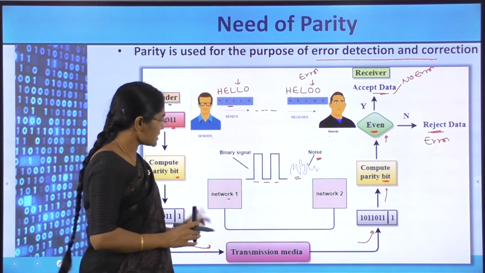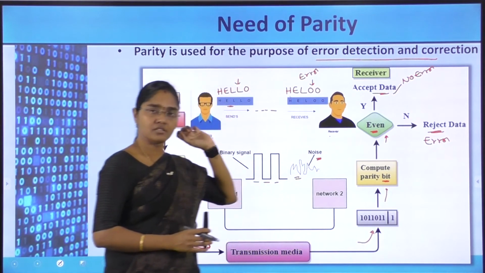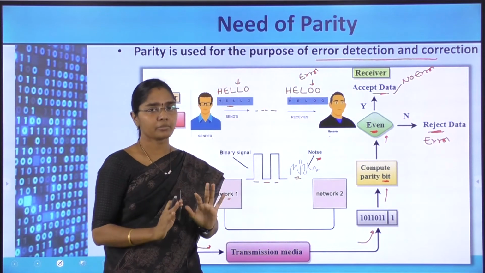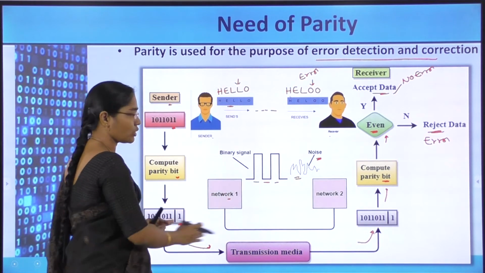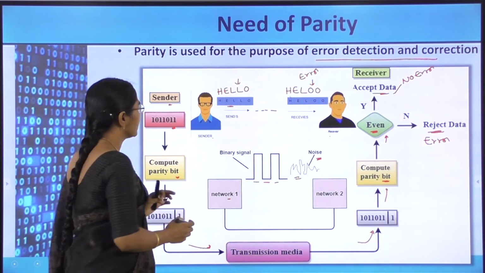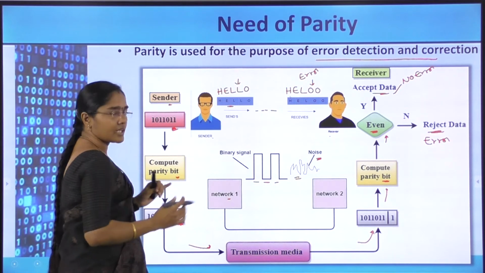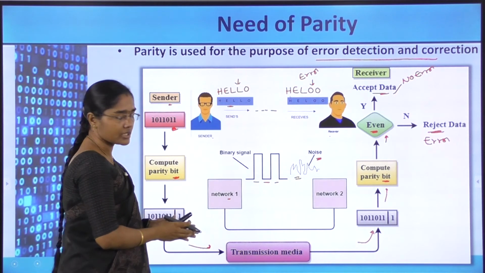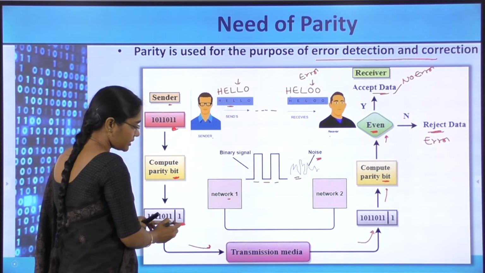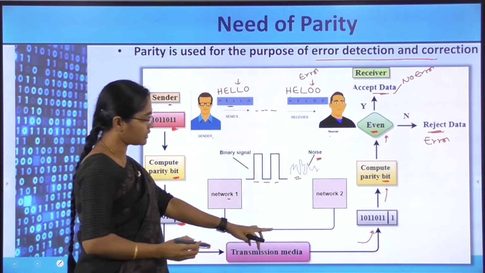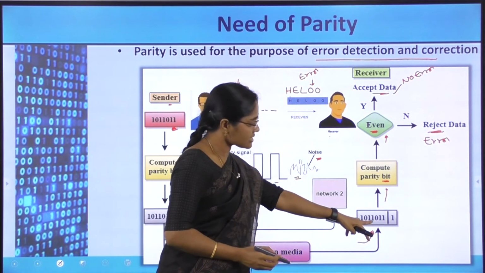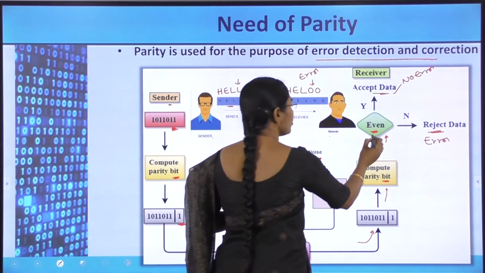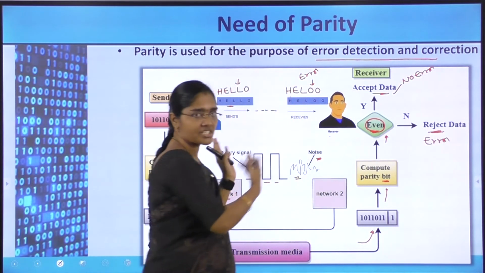Okay. So in this example, actually even parity is shown. It may be an odd parity bit also. Even parity or odd parity. So in this application, what is happening in the parity? That is taking the sender data in binary and computing the parity bit for this input data, adding that parity bit to the data and sending it through the channel, and it is received. For the received data, again computing the parity bit, then checking that parity bit with the sending data.